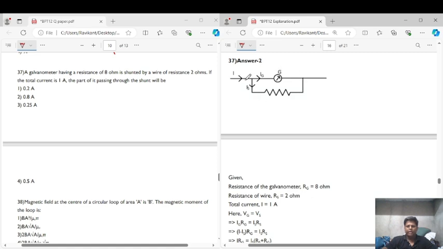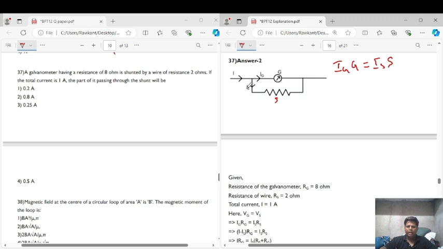The total current is I and the current gets distributed as Ig, which is going into the galvanometer, and Is is going into the shunt S, right? Because the galvanometer and the shunt are connected in parallel, the potential drop across them is equal. So we can say that Ig into G, where G is the resistance of the galvanometer, is equal to Is into S, right?